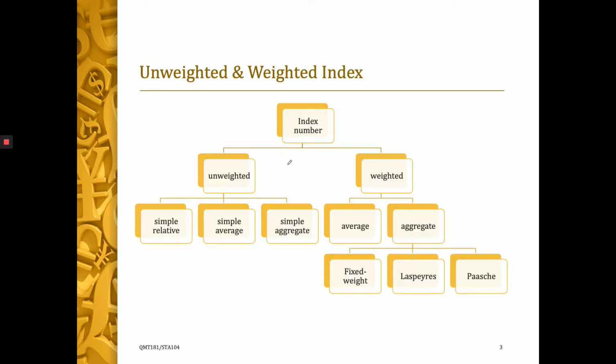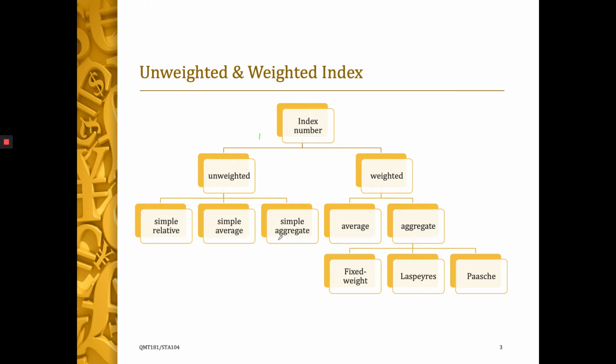In this topic, you will learn two types of index number: unweighted index number and weighted index number. Simple relative price or quantity index, simple average, and simple aggregate. This simple aggregate is also known as unweighted aggregate index.